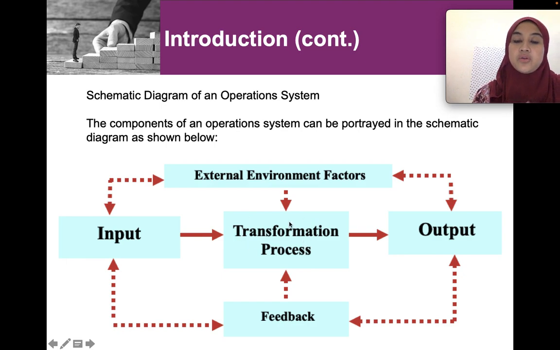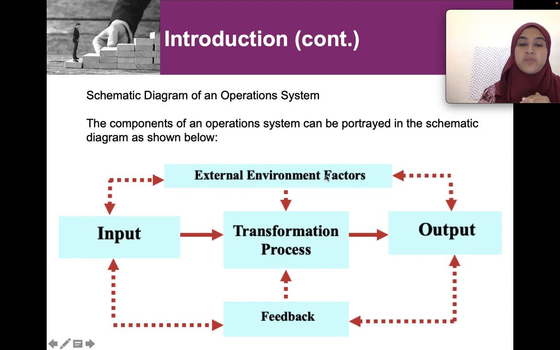Maybe we have to reduce the number of production here, and also maybe we have to do some modification to our existing product, whereby maybe we can replace sugar with stevia, for example, something that is healthier according to the external environment factors.